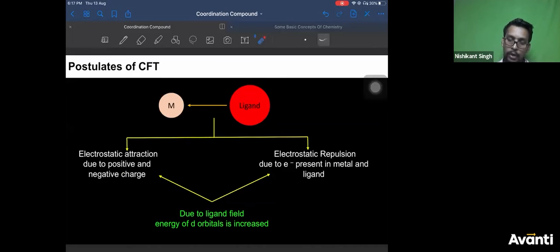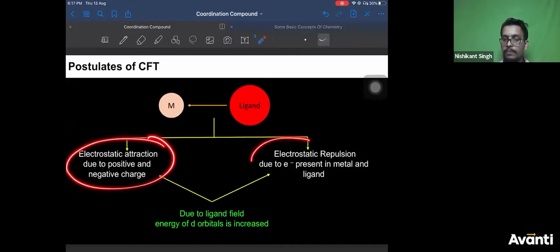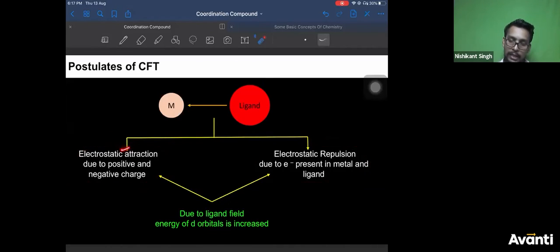Now, this is very important. There are the following types of interactions which exist. Please keep this in mind. The first is electrostatic attraction due to positively charged metal atom and negatively charged ligand. So this is the force of attraction which exists. The second interaction is electrostatic repulsion between electrons present in metal and ligand.